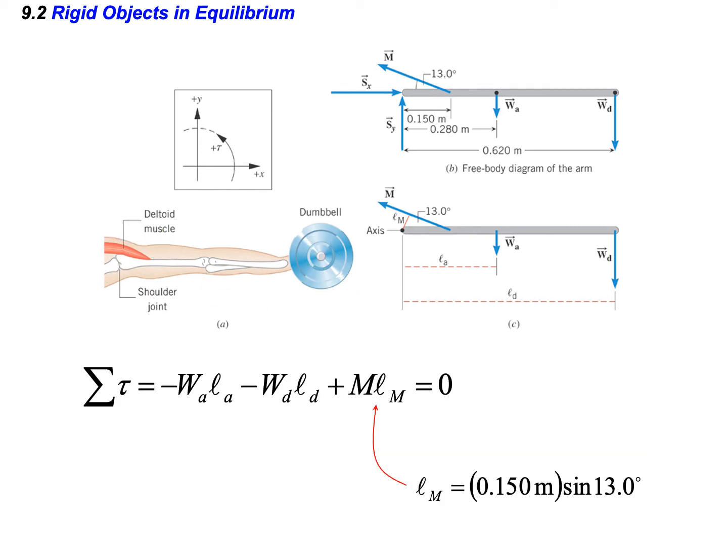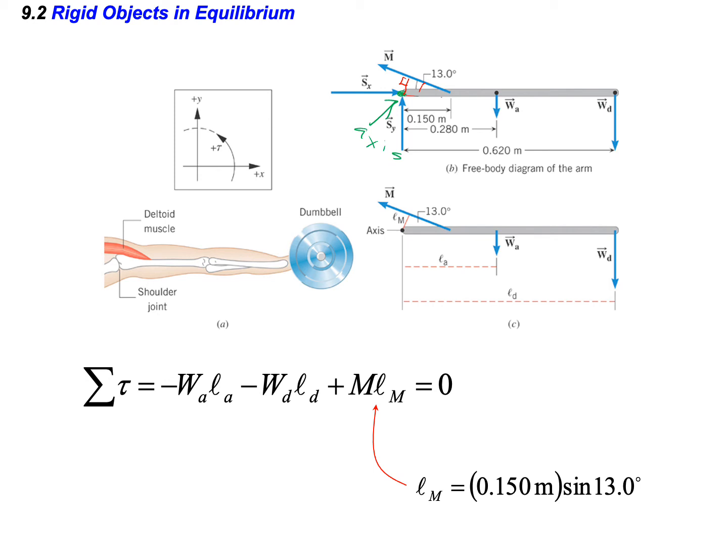Okay, here is the axis of rotation. So if you consider the rotational axis, consider this force M, and let me use a different color. So M is the force, and the perpendicular distance is this. If you know this distance, which is 0.15 meters, and this angle is 13 degrees, so this is opposite, therefore it's a sine.